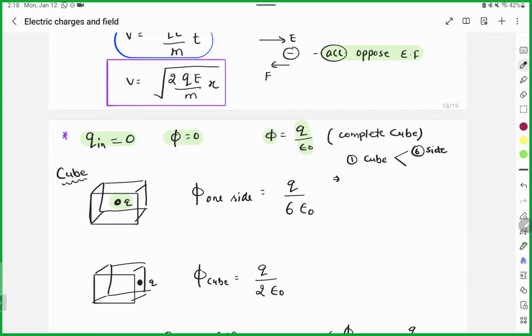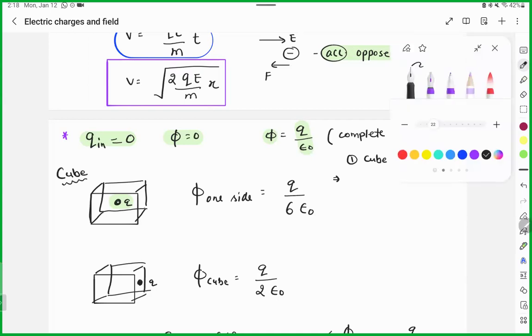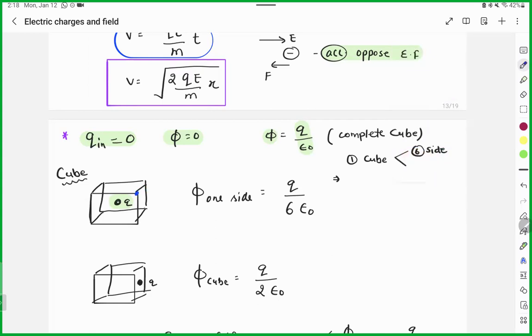How many corners do we have in a cube? Eight. So eight corners. How many edges do we have in a cube?